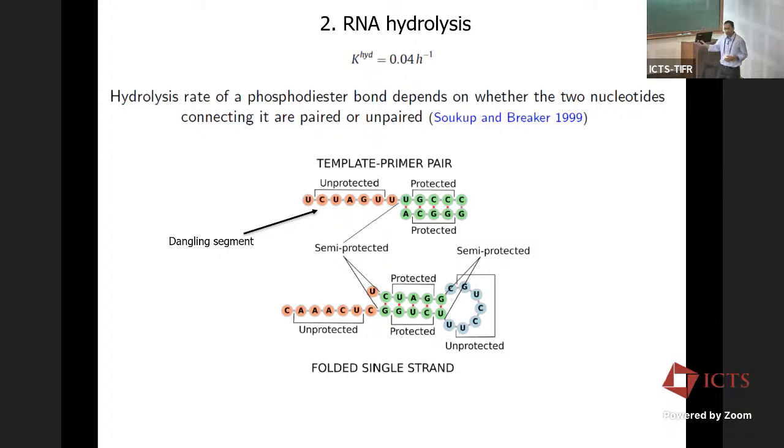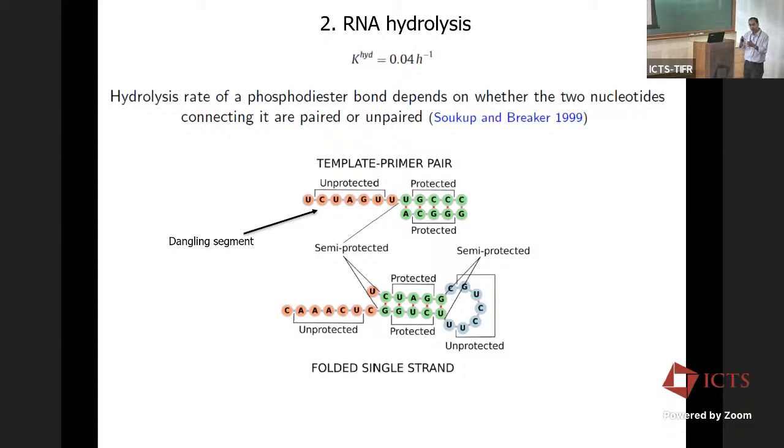But there's another competing process as well, which can break up these polymer chains, and this process is due to hydrolysis, and these bonds can be broken up. But some bonds are better protected than others because of base pairing. So bonds in this region are completely unprotected, so they are more likely to be broken than bonds in this region, which are protected because of base pairing, and so on.